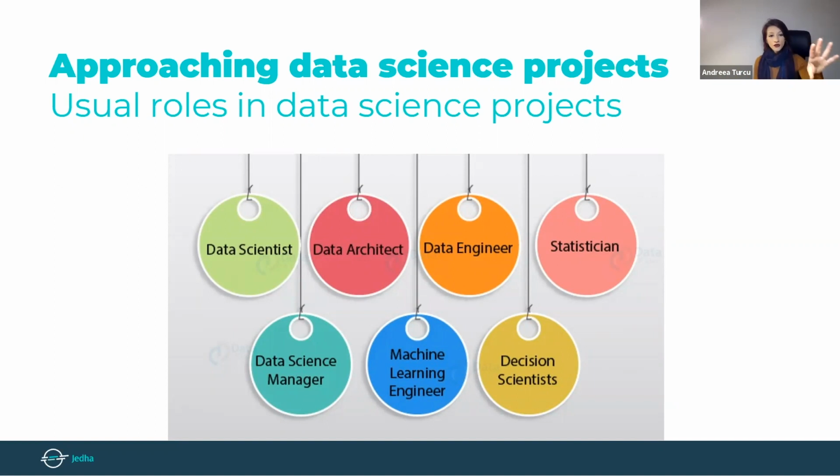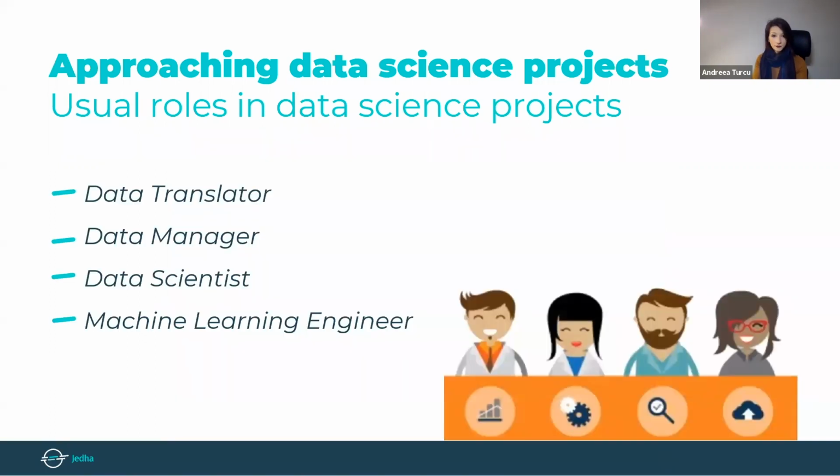In addition to these roles you see here, within a data science project you may also find project managers, solution architects, database administrators, data and analytics managers, business analysts.